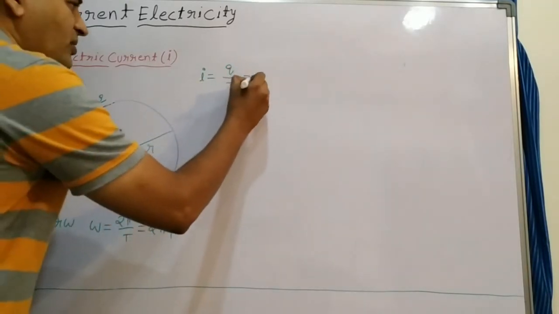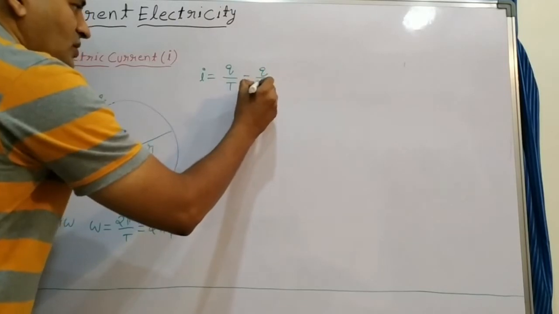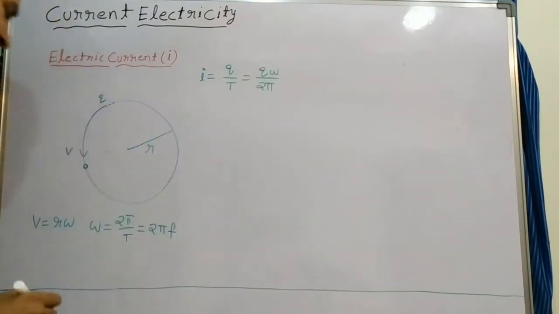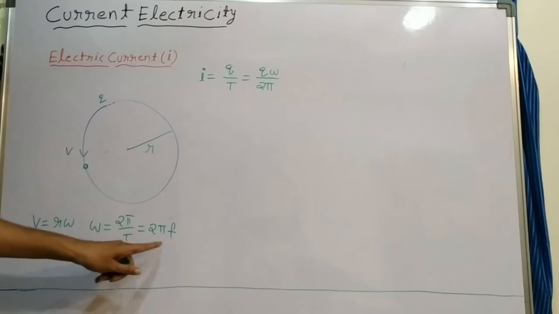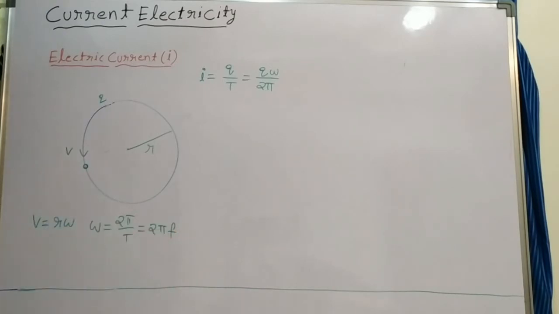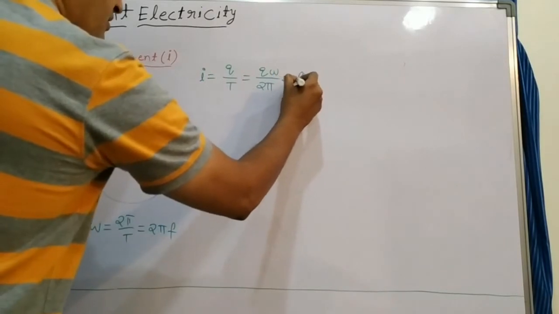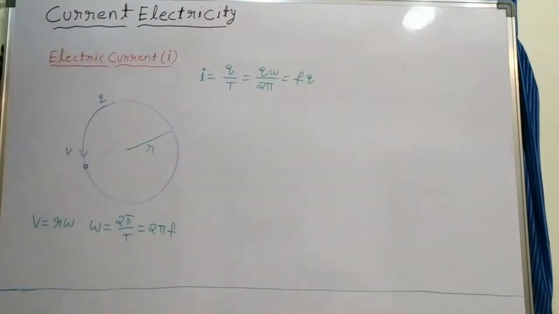We can write Q by 2 pi by omega, T is equal to 2 pi by omega. And if you compare T and f, 1 by T is equal to f. So in place of 1 by T, you can write f, and the charge Q.